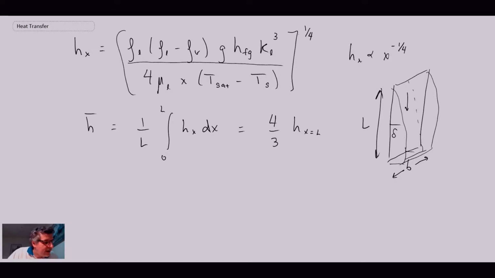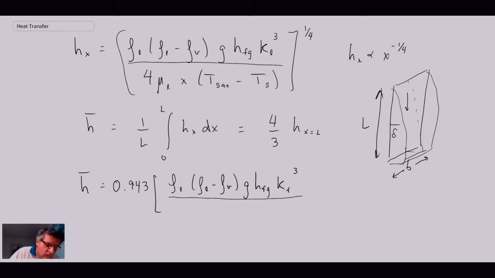So that is the average convective heat transfer coefficient, and taking the value that we had earlier, you exchange x for L, and so let me write that out. This is for laminar flow, so this applies for Reynolds number from 0 to 30.